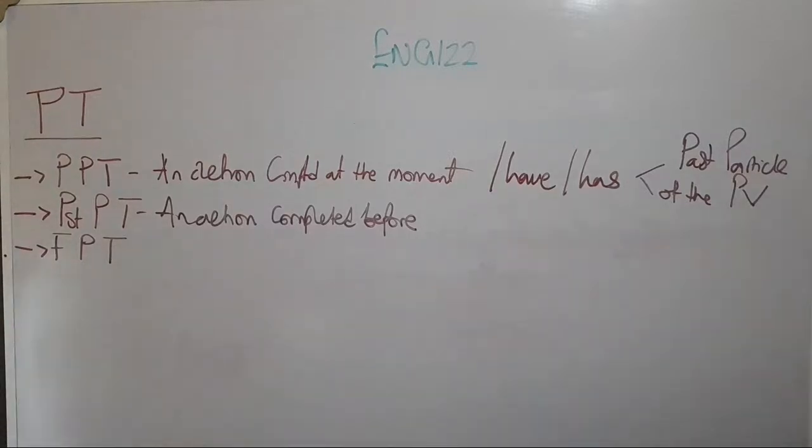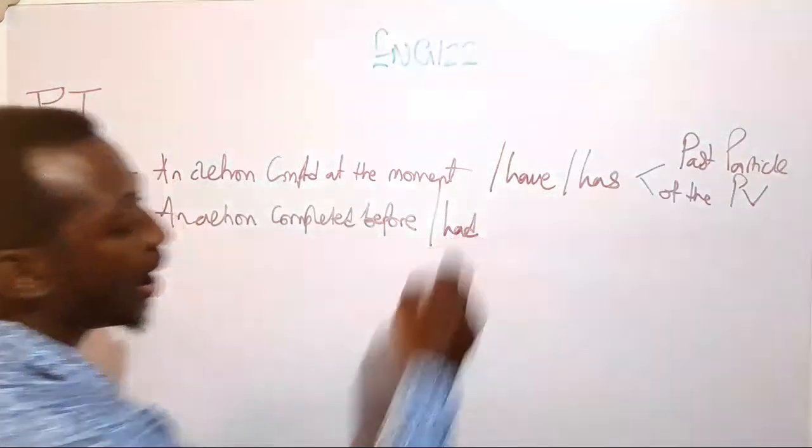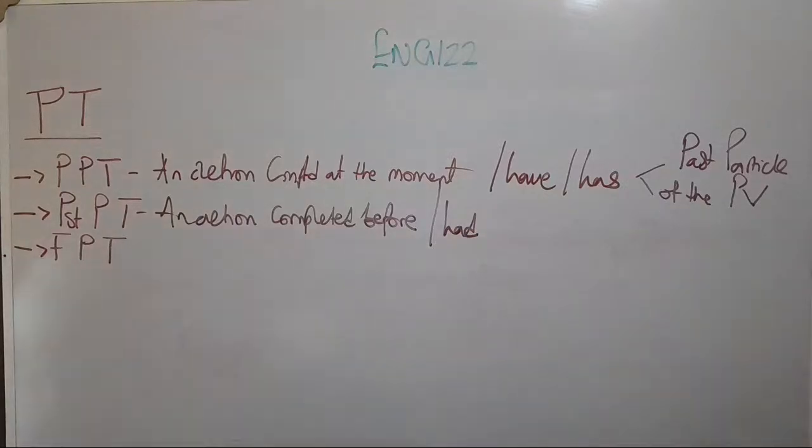The past perfect tense is formed by combining the auxiliary had with the past participle of the principal verb. We have the likes of had watched, had spoken, had been, had gone. Before the doctor arrived, the accident victim had fainted. So we have that.